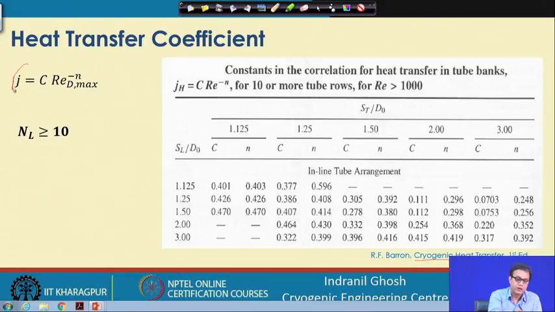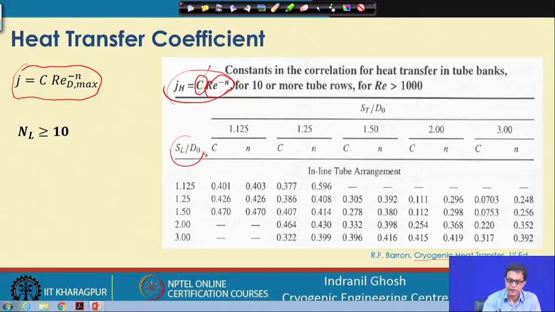The Coleman J factor is related by some constant C and Re to the power minus n, where this constant C and n will vary as a function of S_L by d_0 and S_t by d_0, where S_t is the transverse pitch, d_0 is the outside diameter of the tube, and S_L is the longitudinal pitch.